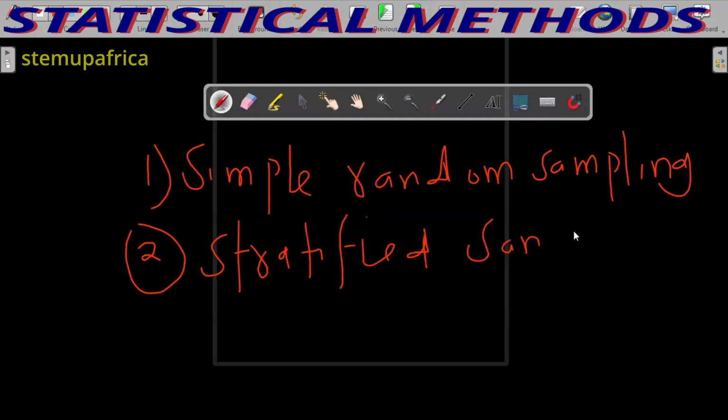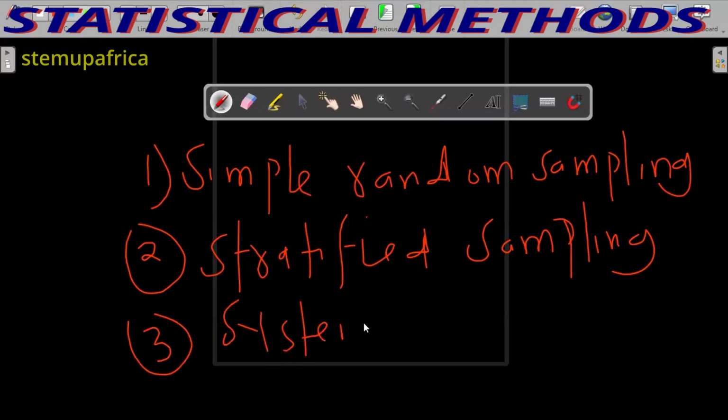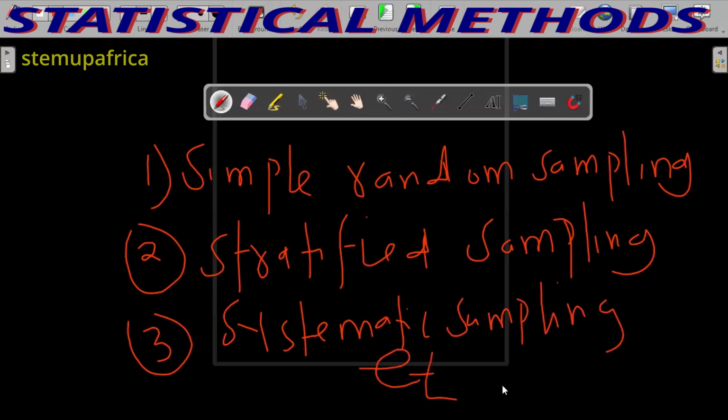They are present in research. Number 3, we have systematic sampling. These are the types of sampling techniques that we have to sample data. We use any of these methods.